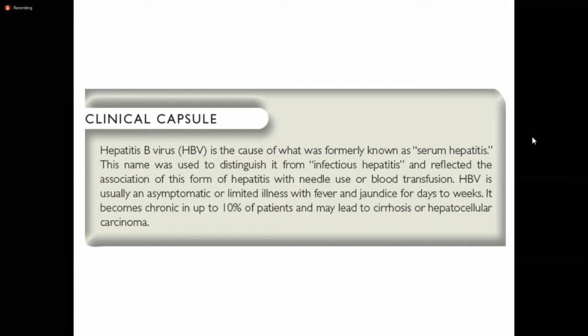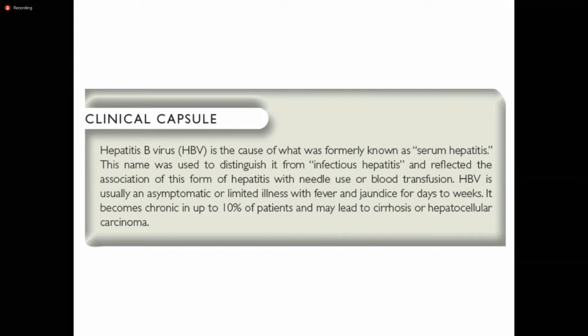Hepatitis B usually is asymptomatic or a limited illness with fever and jaundice for a few days to weeks, but may become chronic in 10% of the cases and may lead to cirrhosis and hepatocellular carcinoma. The most chronic hepatitis, just for comparison, is hepatitis C. We said about 85% of the cases are chronic.